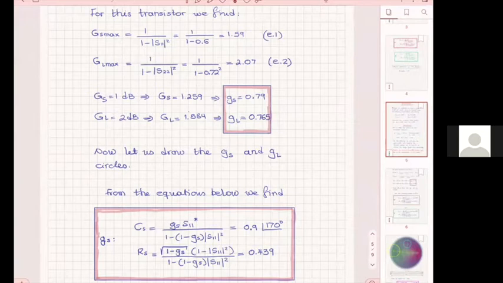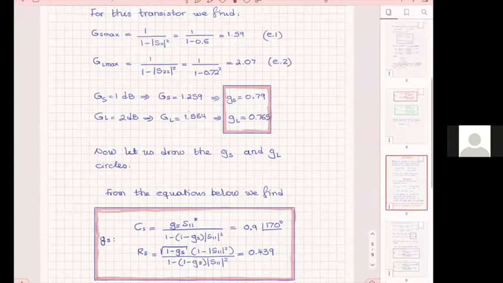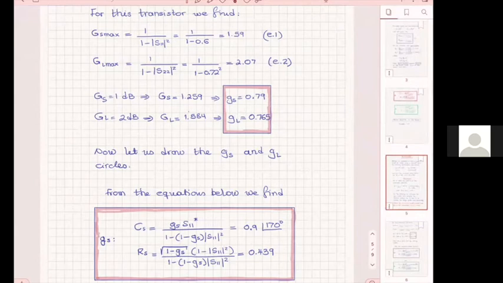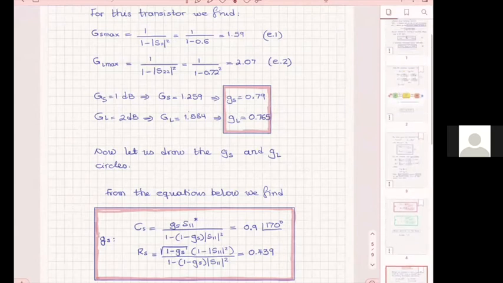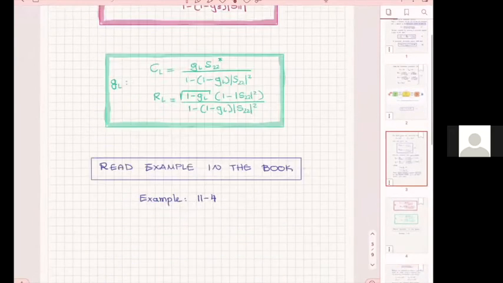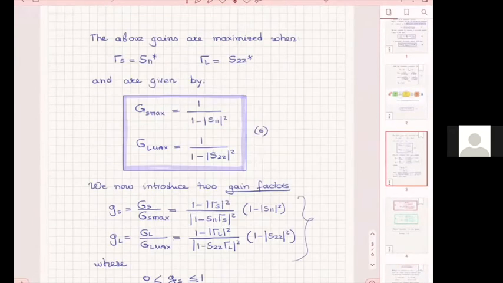So here, for example, let me see, I don't know whether you remember what we had here for GS. The definitions for GS and GL are here.